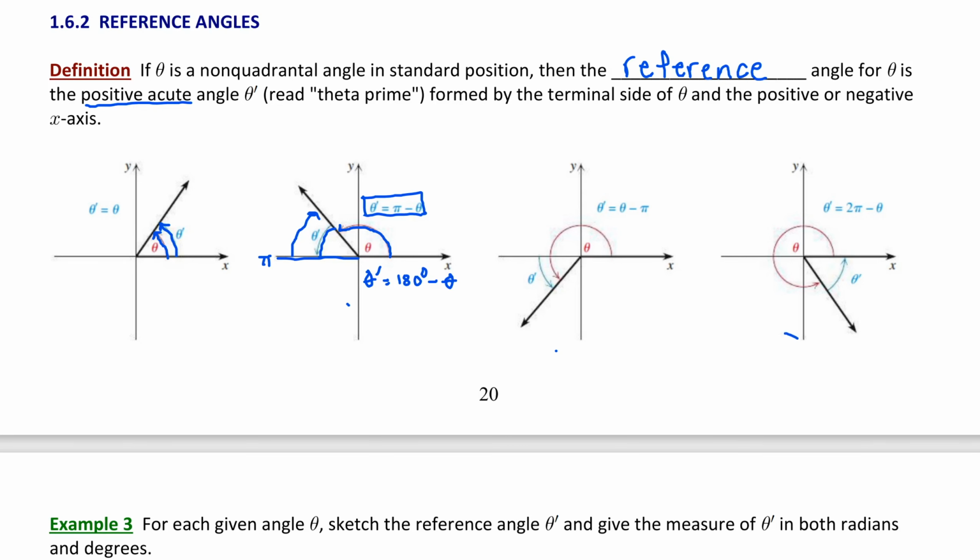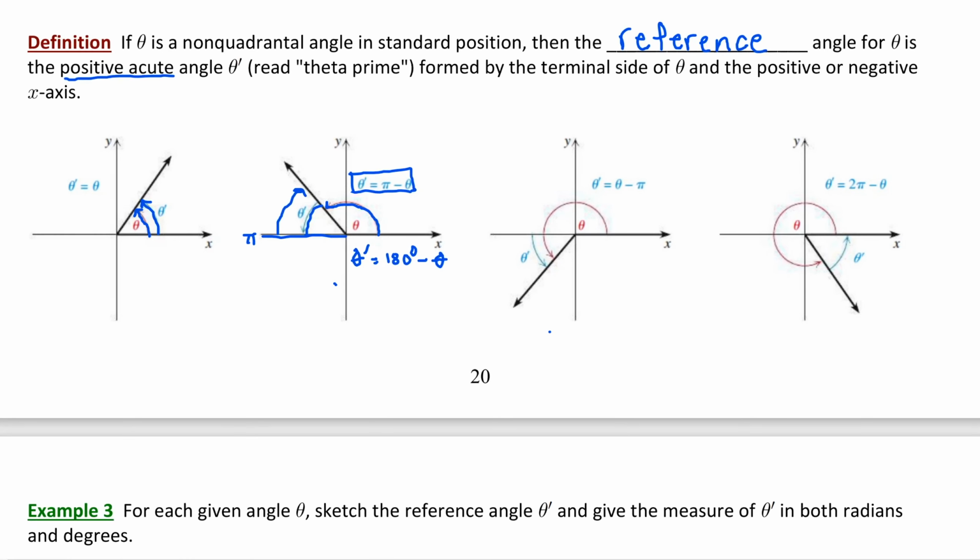On the next example, we have an angle in quadrant 3. So theta has its terminal side here in quadrant 3. So the reference angle for theta is going to be the acute angle made from the nearest x-axis and the terminal side of theta.